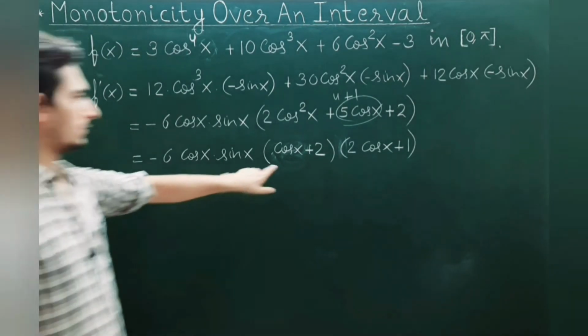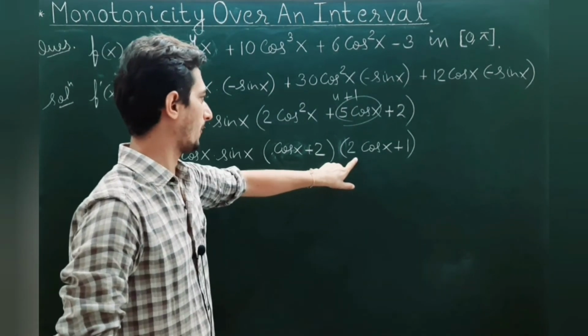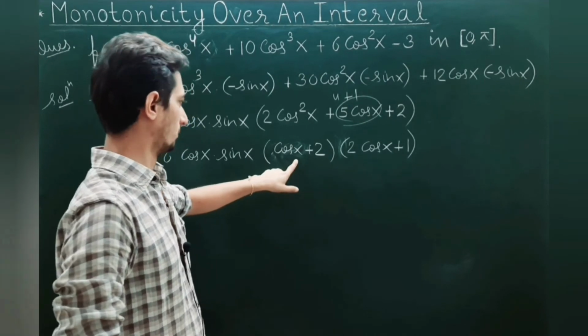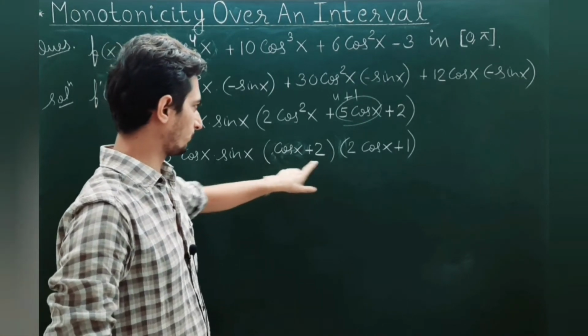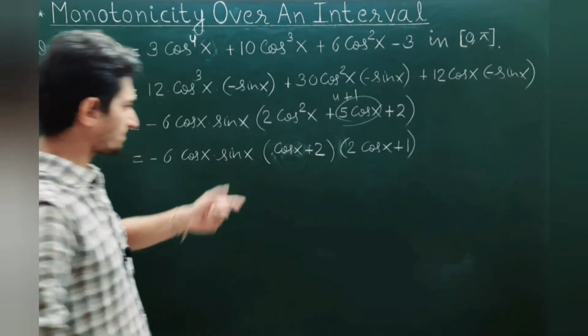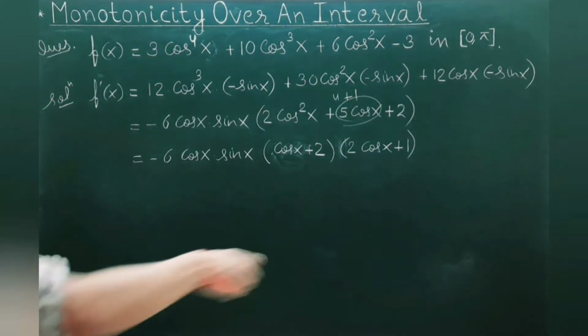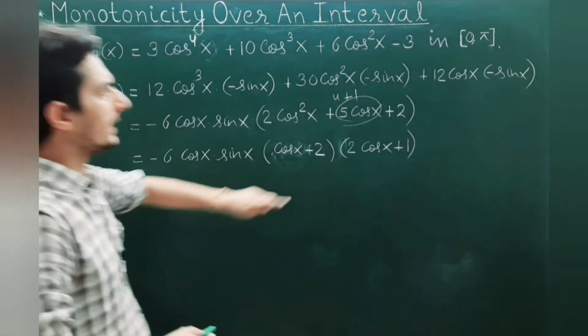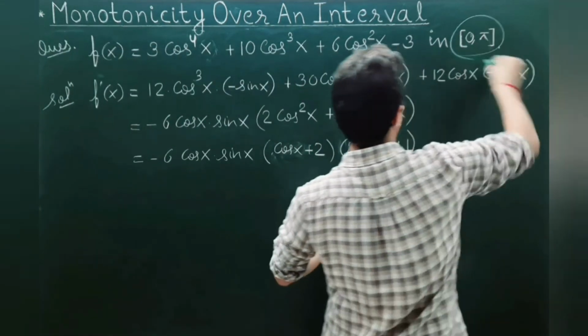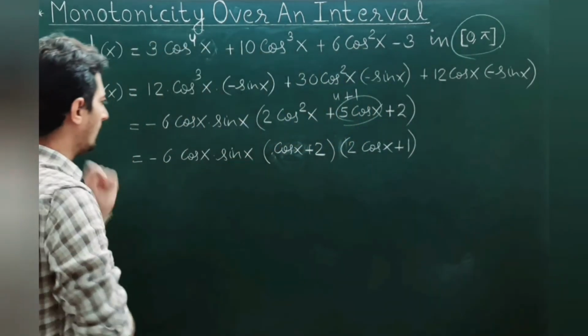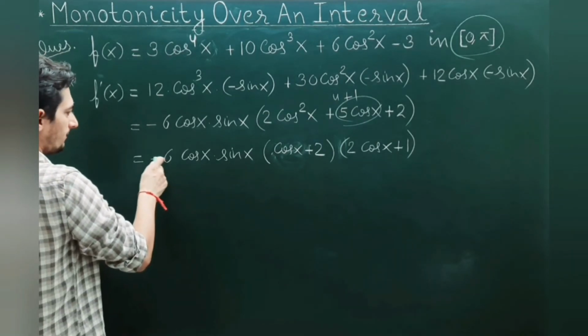So it is 2 cos square x plus 2. Okay, so this is the right factorization. Now we have to look in the interval 0 to pi. In 0 to pi, I can see that this is a negative sign.